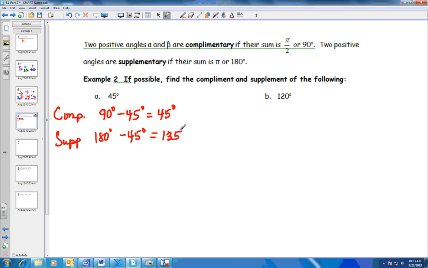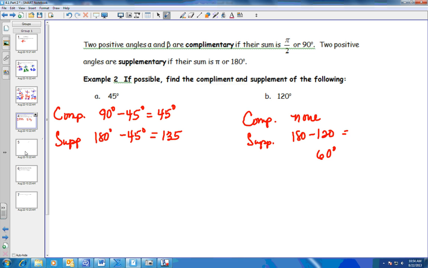We like degrees because you're used to doing those. The complement for 120, since it's over 90 degrees, it's not going to have one. There's no complement. We do have a supplement. 180 minus 120, 60 degrees. Okay, those are easy. You did those back in geometry.